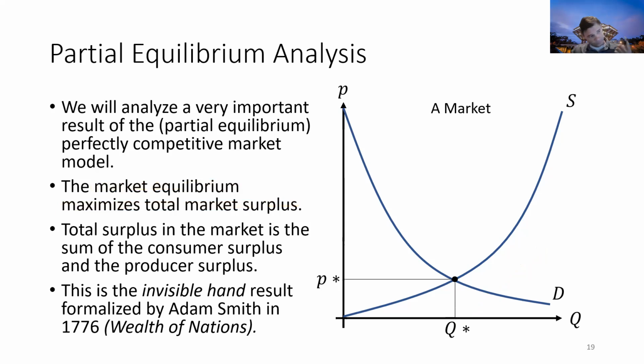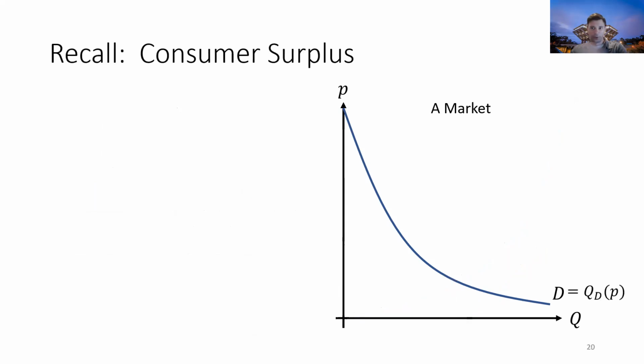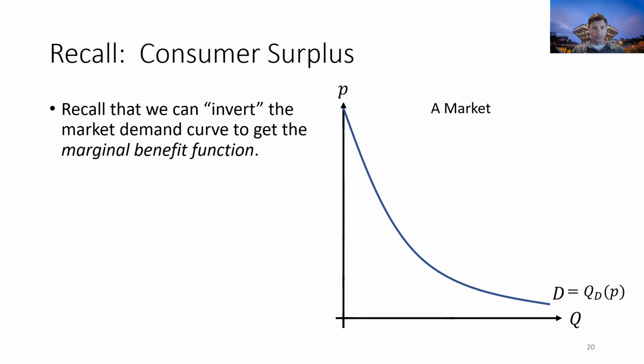All right, now back to our discussion of surplus. Hopefully you remember consumer surplus. And we can think about inverting the demand curve, right? The demand curve measures the quantity demanded as a function of price. But if we were to solve for P, just like with the supply curve in the lecture survey question, where we solved for P and that gave us the marginal cost curve, solving for P with the demand curve will give you the dollar value marginal benefit function.